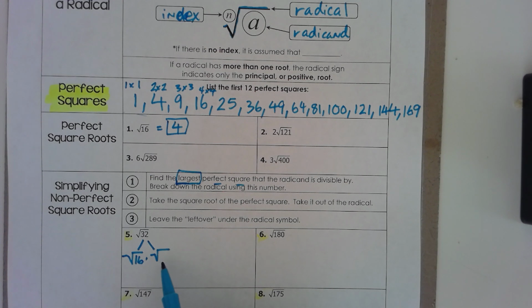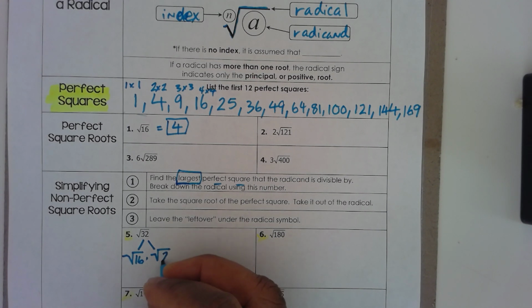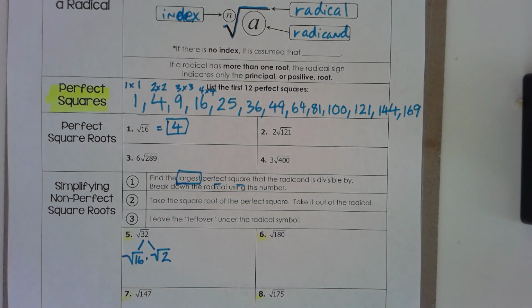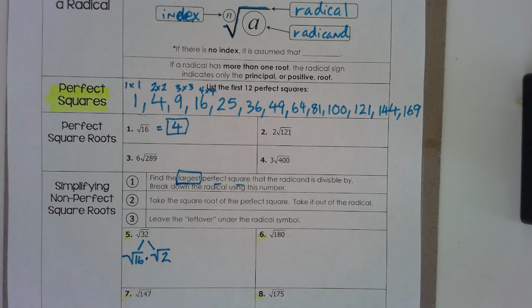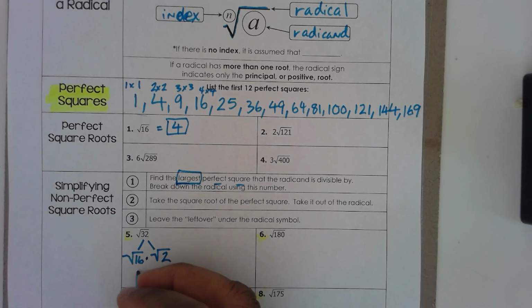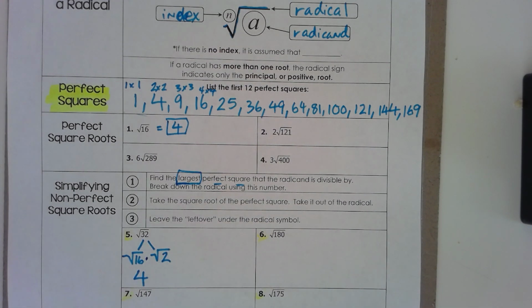Now, what about the other number to go into this radical sign? Well, 32 divided by 16 is just 2. Okay? So once we have those two numbers, then we can take the square root of them. So the square root of 16 is just 4. And once I take the square root of a perfect square, the radical sign, you'll notice, disappears.